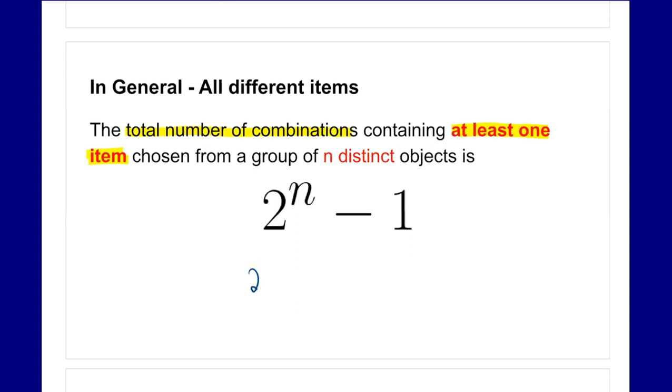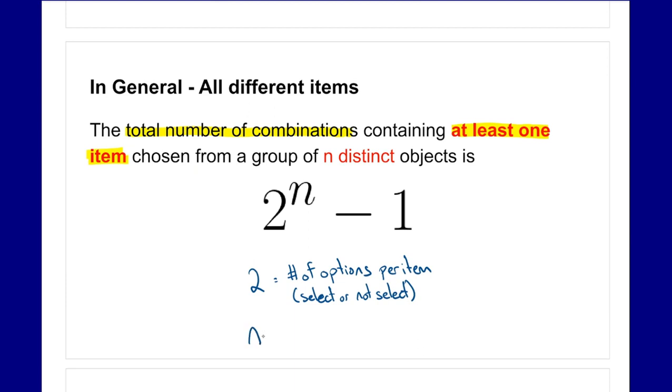The 2 represents the number of options per item. Either we select it or not select it. Each item has 2 options: we pull it or we don't pull it.